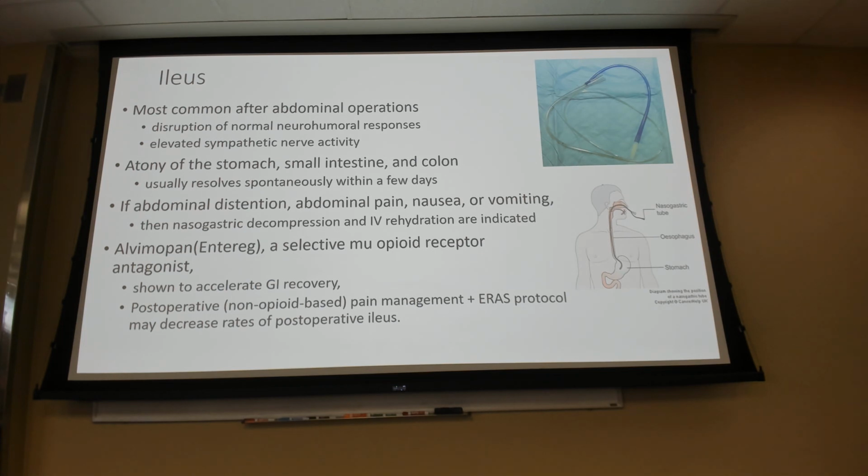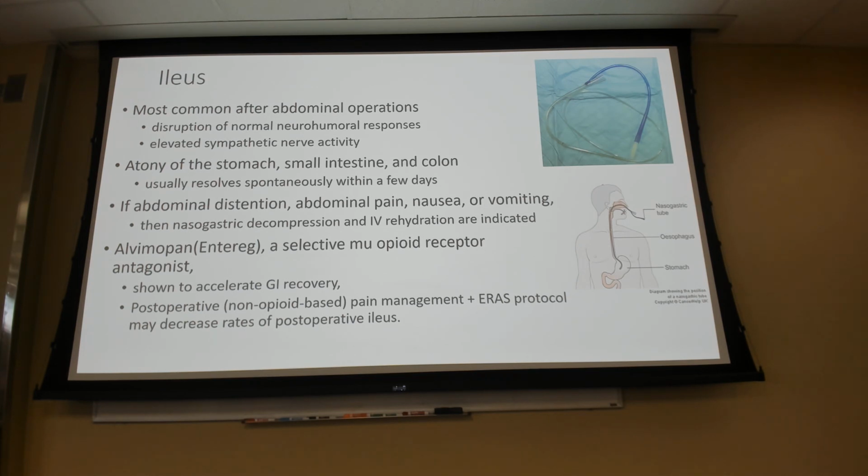So, like it says, they're most common after abdominal operations. This is from that neurohormonal response, a disruption of it, and then you have a lack of peristalsis in your intestines. A lot of times patients will complain they're not having any bowel movements, they're not passing flatulence, and they may or may not have tenderness on exam.